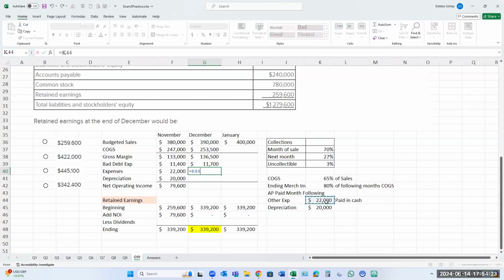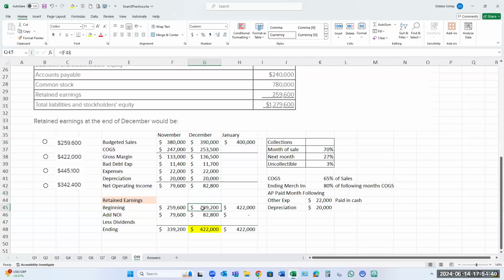Other expenses are 22,000. Depreciation is 20,000. And then I'm going to drag this formula over. Then it's just gross margin minus the expenses equals my net operating income. So it's beginning plus net operating income equals ending retained earnings of 422,000.